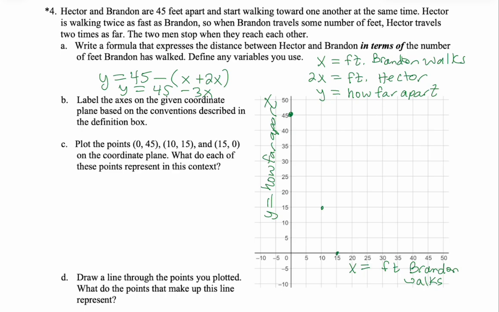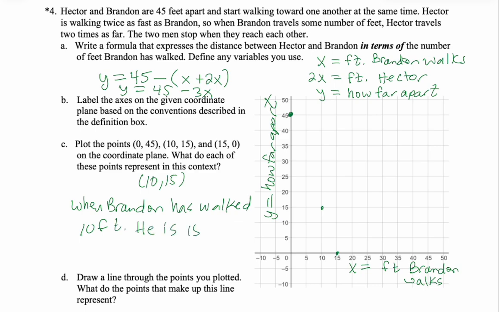It says, what do each of these points represent in this context? So let's go with the point (10, 15). So when Brandon has walked 10 feet, he is 15 feet from Hector.